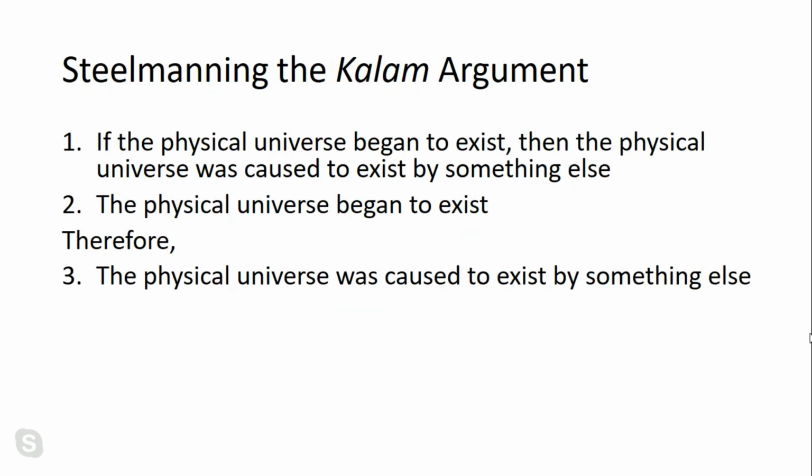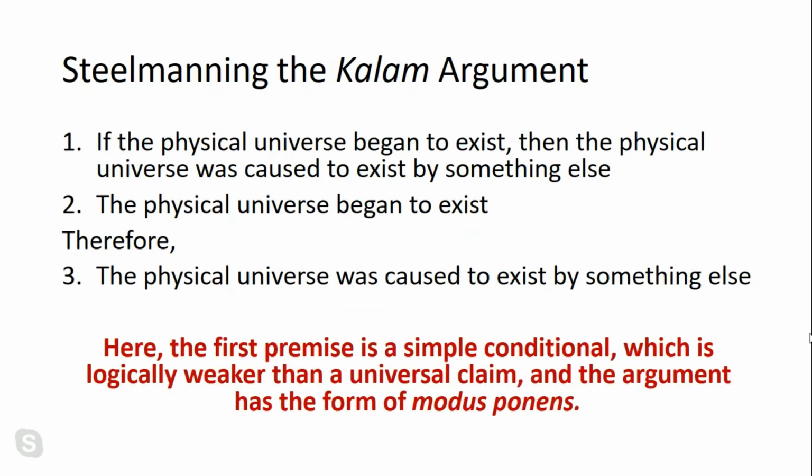So now this is just an if-then statement, and then the left-hand side of it on line 2, and the right-hand side of it on line 3. So what we've done is to streamline the argument into a modus ponens, and now premise 1 isn't framed universally, and so it's not subject to counterexample.